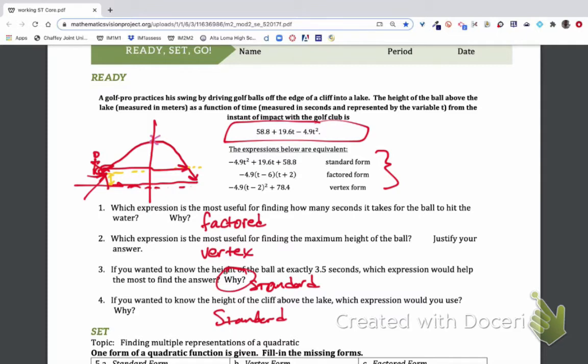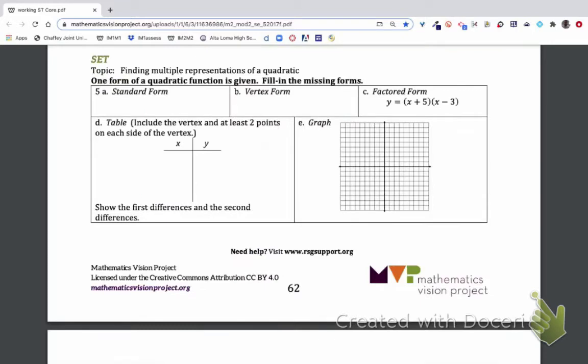So moving on. For the set portion, you're given one piece of information and you're being asked to complete the rest. So what I'd like to do is first put factored form into standard form, then into vertex form. To get factored form into standard form, we would multiply.